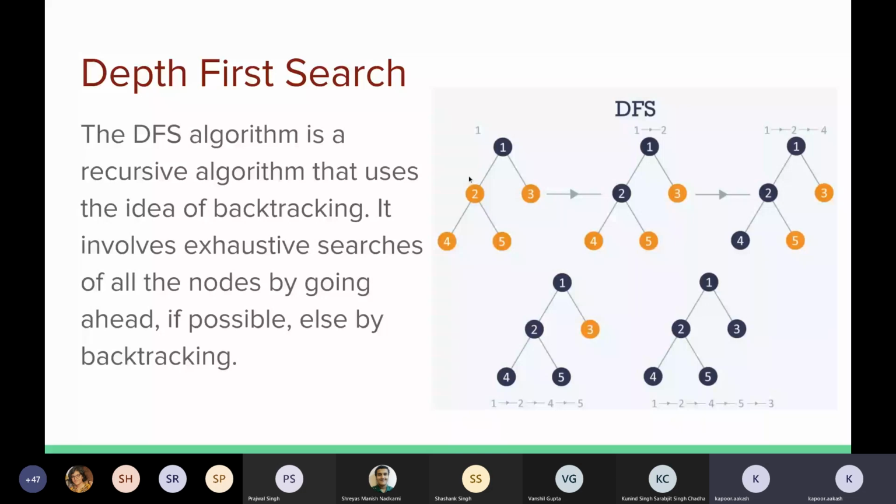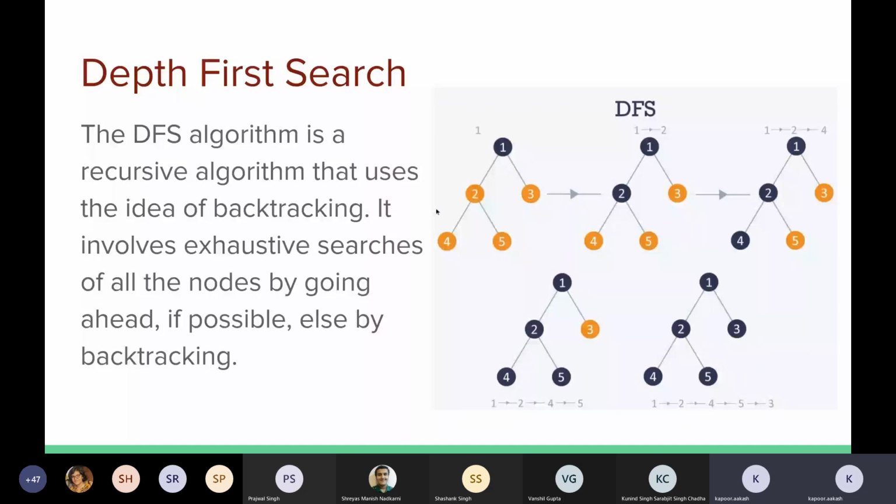This is a problem. So we need to ensure that we keep a list of all the nodes that have been visited, and let that be a property of the node. So we won't visit any node that has already been visited. In fact, we'll just stop there. So we go to 1, okay, 1 has been visited, 2 has been visited, 4 has been visited, 5 has been visited.